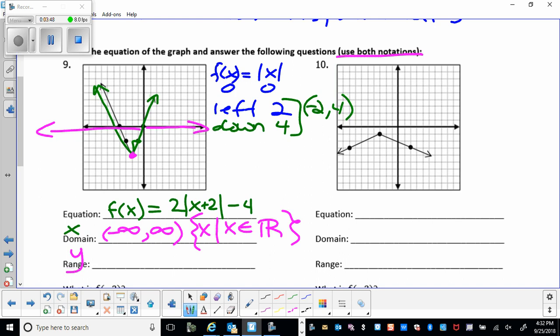So this vertex tells you either the highest or the lowest y. Well, it's actually the lowest. It starts at -4. Oh, I went down 4, so that's -4. And so I go from -4 to positive infinity.